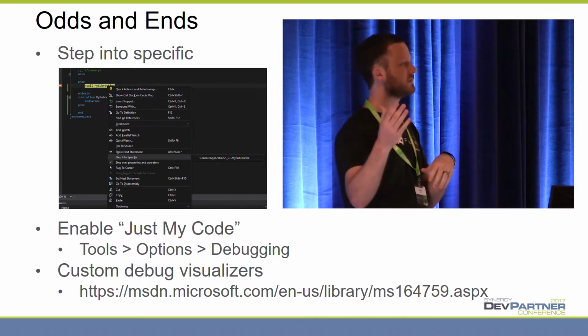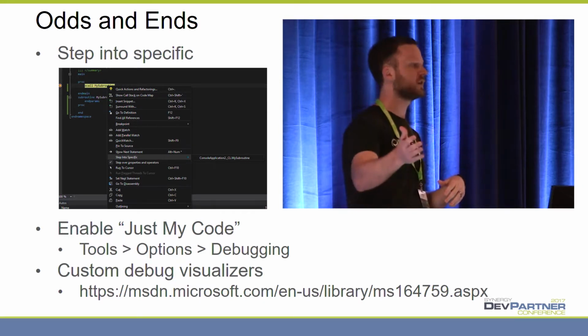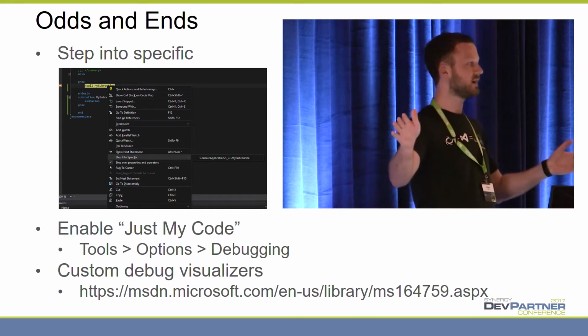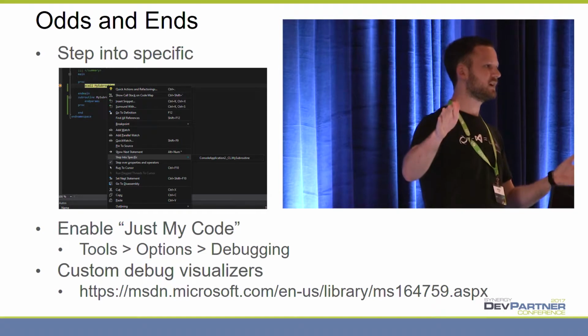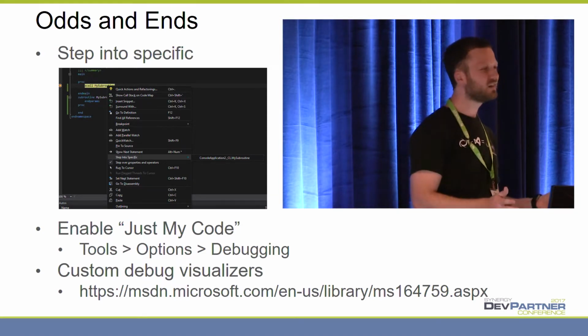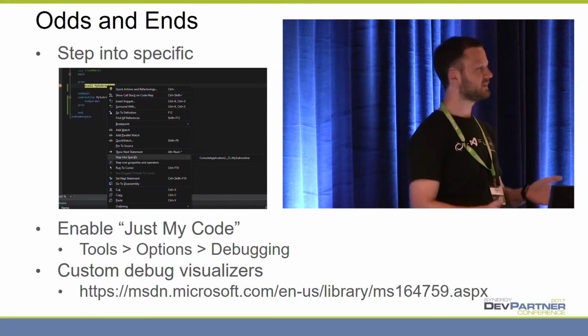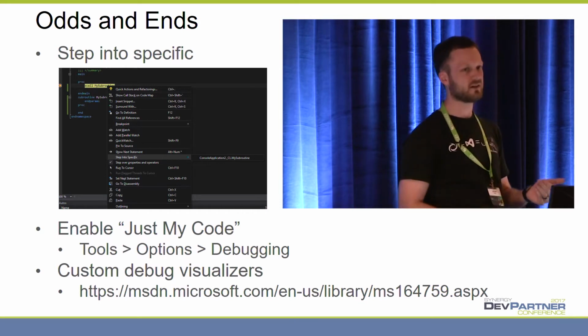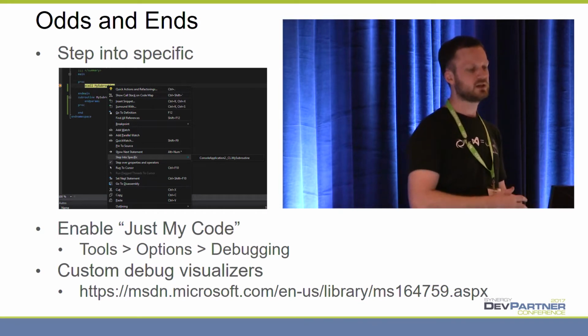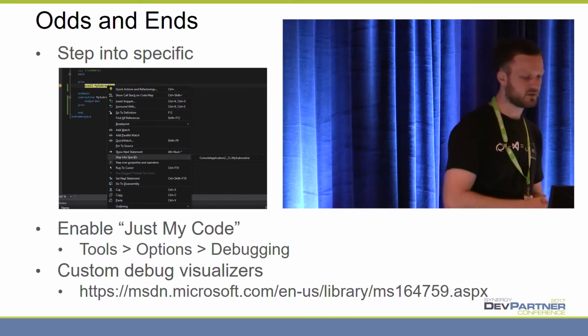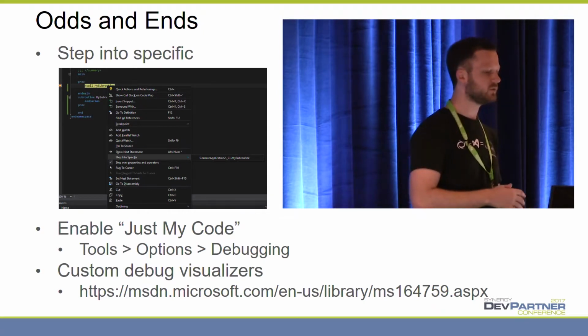In order to produce the value for argument 2, it's calling a method, property, whatever. And it's all on one line. How do I step into the right one? Gets a little bit iffy. I don't want to step into 18 things and have to step back out of them. So they have this handy thing in here called step into specific.